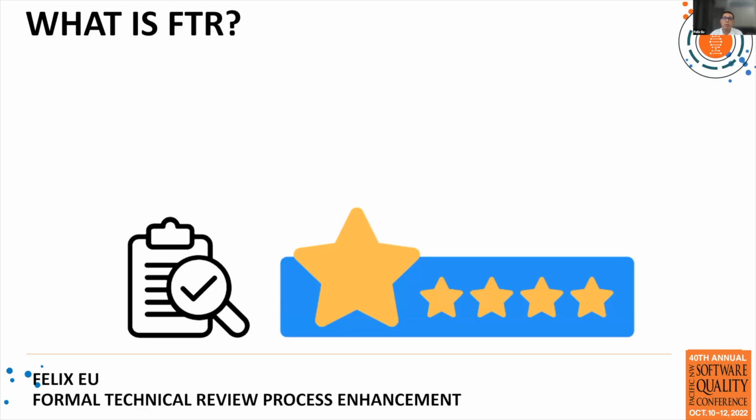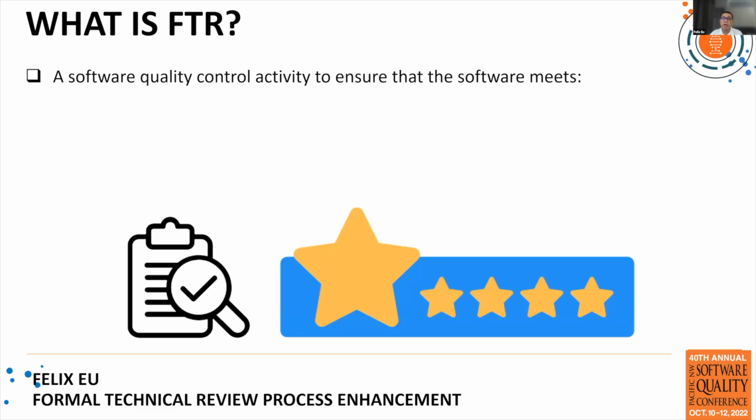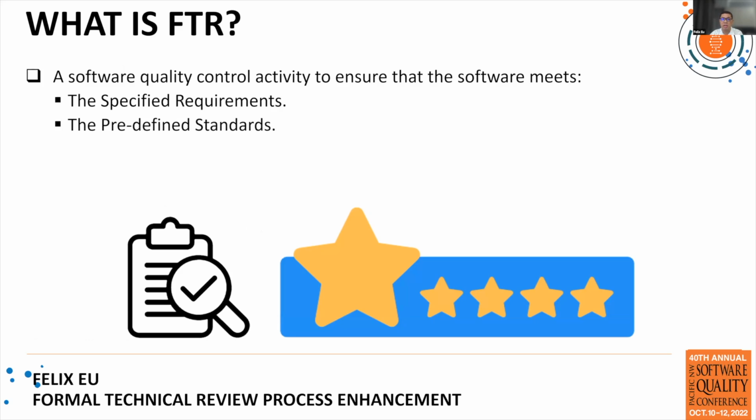Probably many of you are aware of what is FTR. So what is the FTR and what is this used for? The formal technical review FTR is a software quality control activity. Generally, FTR is used for document review to ensure that the software meets the specific requirements and the predefined standard.